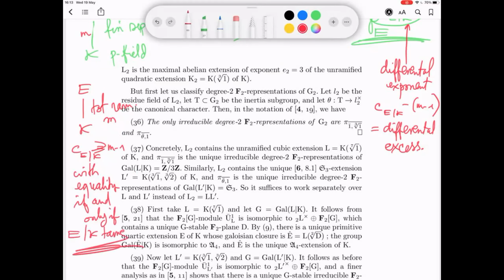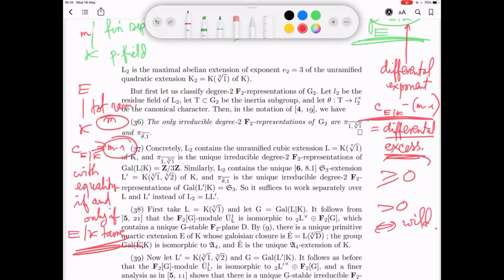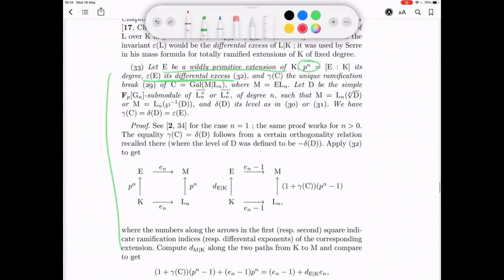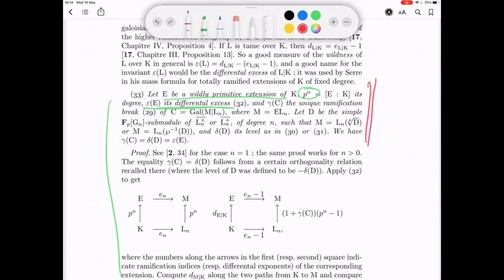So whatever the difference is, that is called the differential excess. It is always non-negative, and strictly positive if and only if it is wildly ramified. So this here computes this differential exponent.